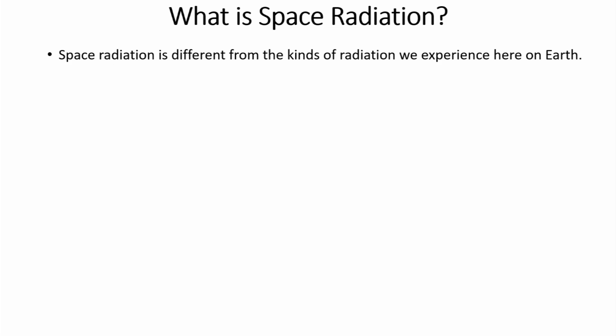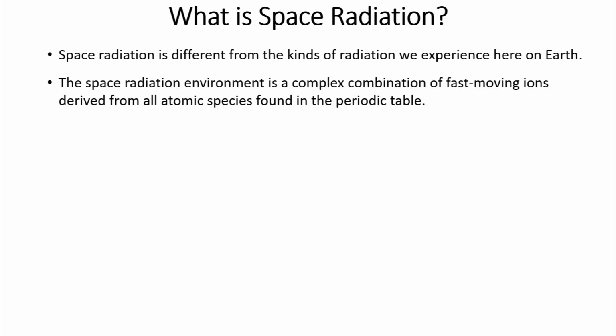But the orbital radiation environment is a complex combination of various types of radiation. There are fast moving ions derived from all atomic species found in the periodic table. Those moving ions have very high energy and their velocity is almost comparable to that of light. This is radiation in space which we do not get when we are on the Earth.